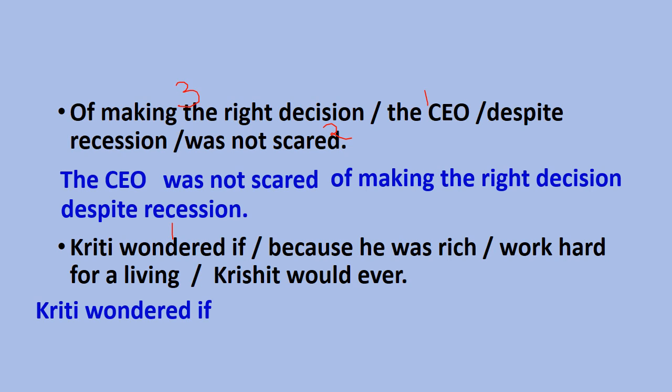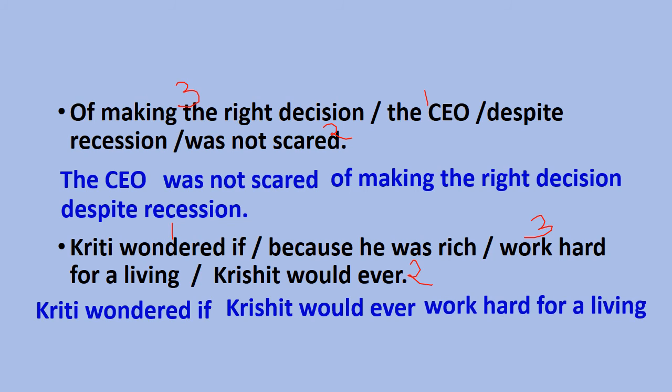If. Then comes the subject of the second clause, which is Krishit would ever. What will Krishit do? Here there are clauses into clauses. Krishit has to work hard for living. So this comes the third part, work hard for living.